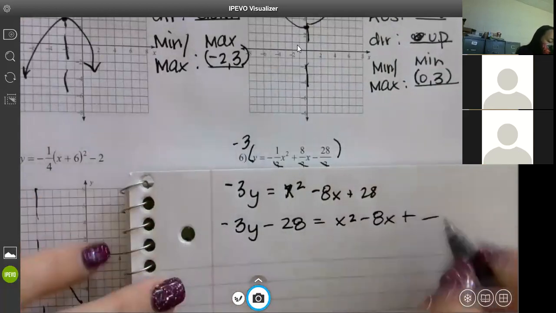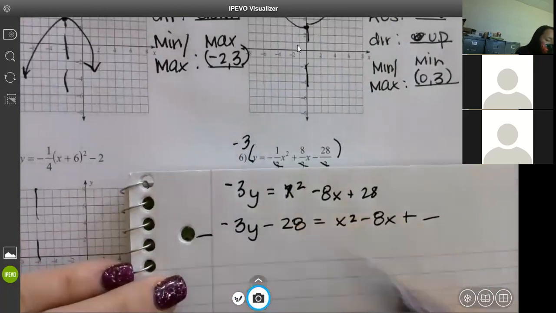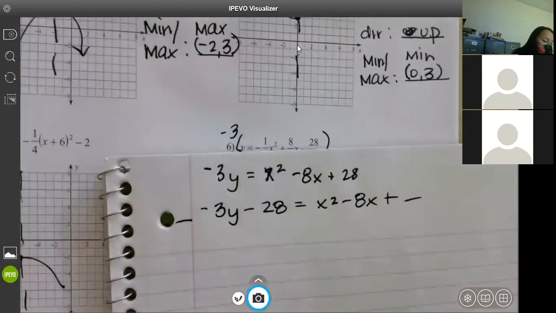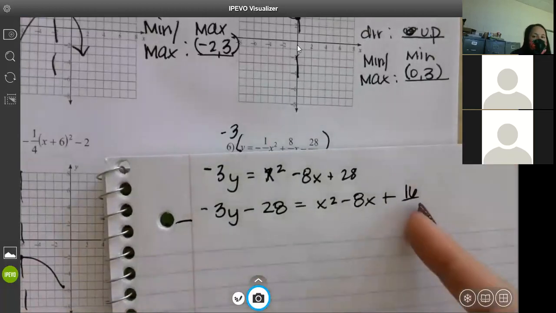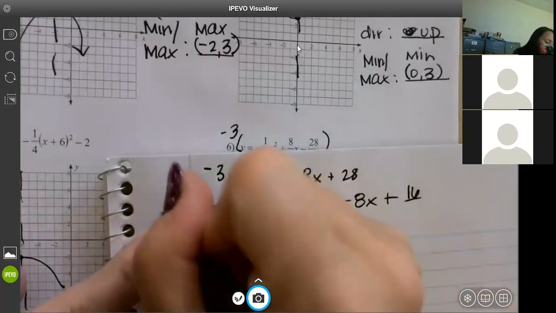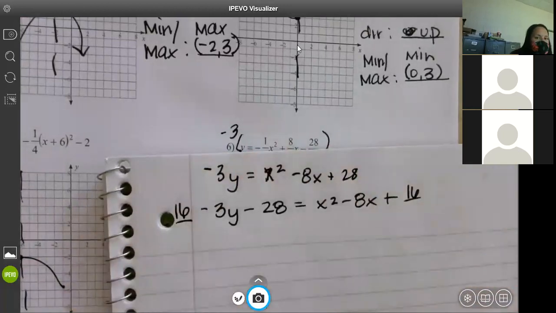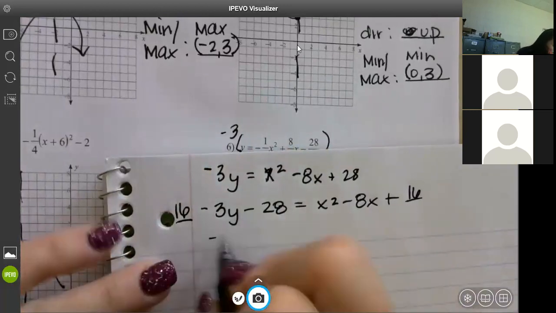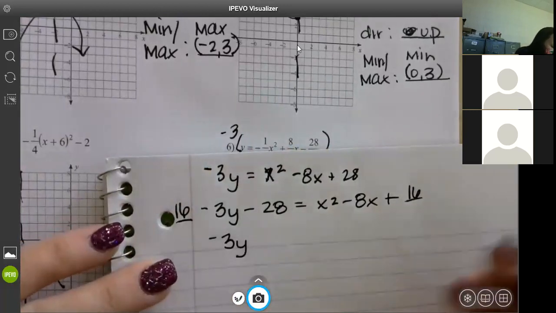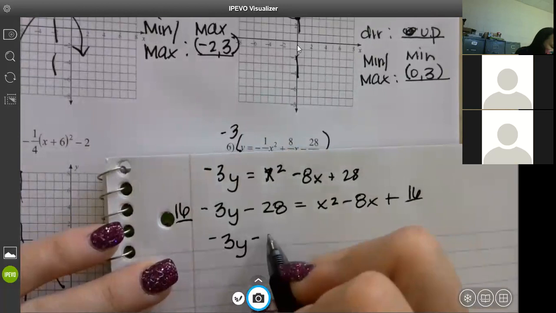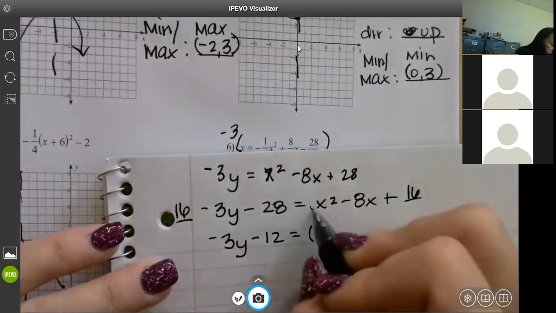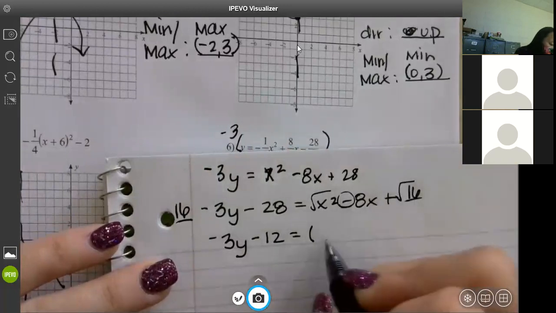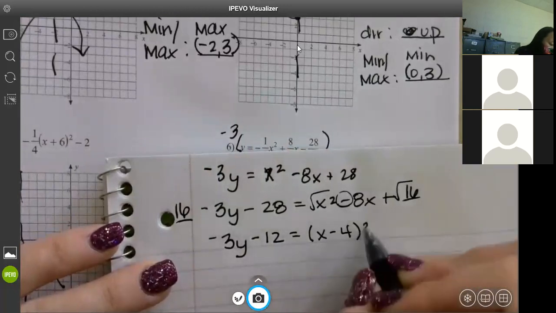There's nothing else to pull out, so I can go ahead and put my blank in there. What goes in the first blank? 16. 8 divided by 2 is 4, squared is 16. Since I didn't pull anything out, it goes in the other side as well. I get -3y. What's 16 minus 28? -12. Rewrite as a square, x minus 4 squared.